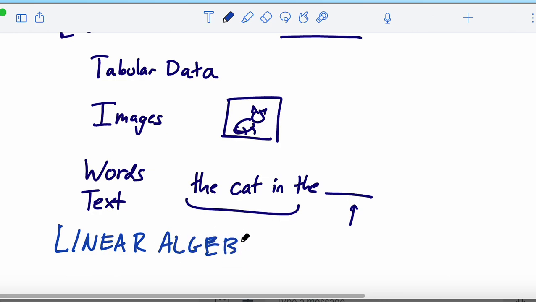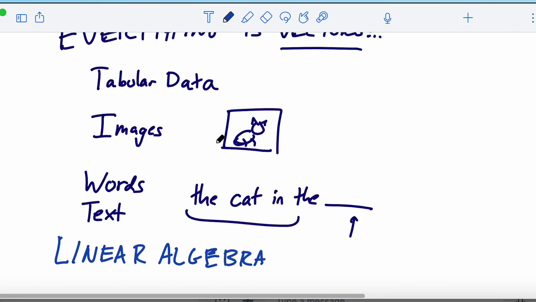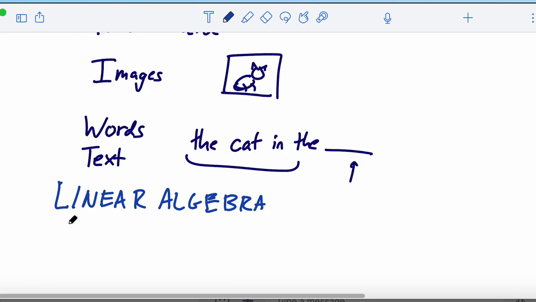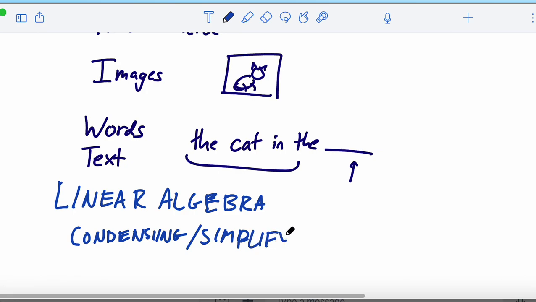Linear algebra has some big tools, some really nice theory, and one of the things linear algebra can do is help you condense vectors. You have a big list of vectors, you can get it into a short list of vectors. So we're going to learn condensing, or maybe simplifying is the right way to put it, using linear algebra.